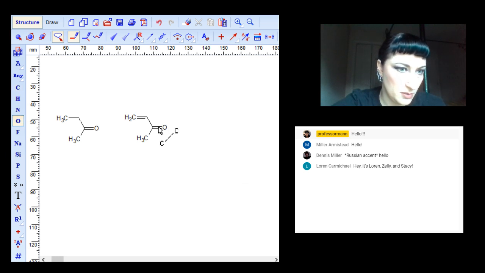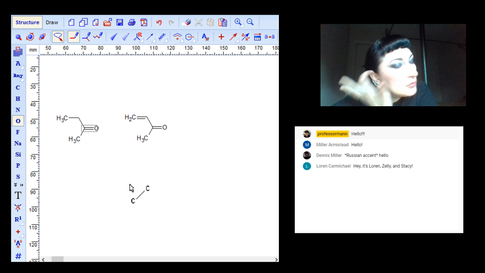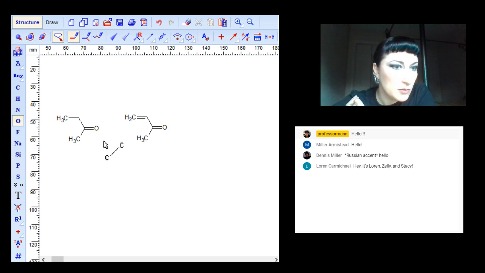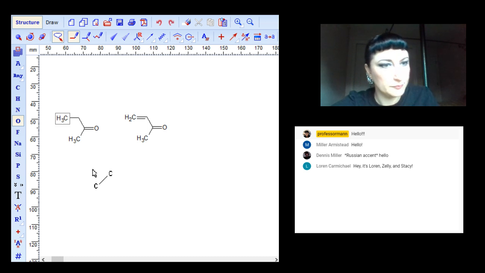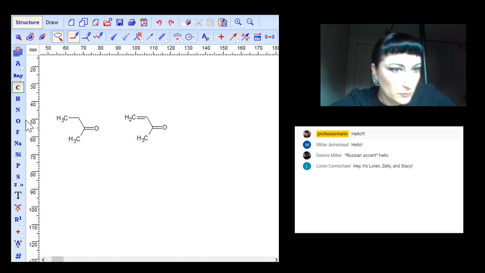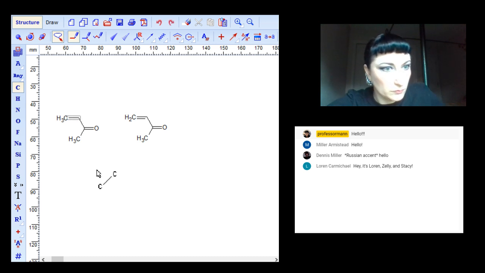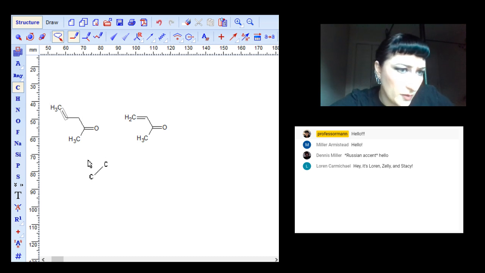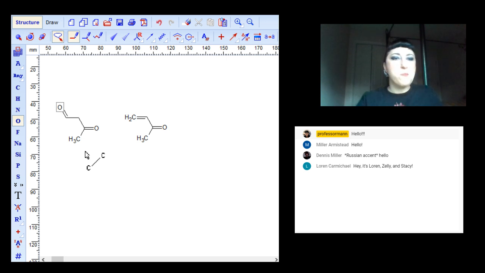Oh goodness gracious, what have I done? I started thinking aldol and then I drew a, that doesn't work. But basically, how do you go through something like this and figure out what carbons are going where and things like that? I did use color coding on the board for a reason.